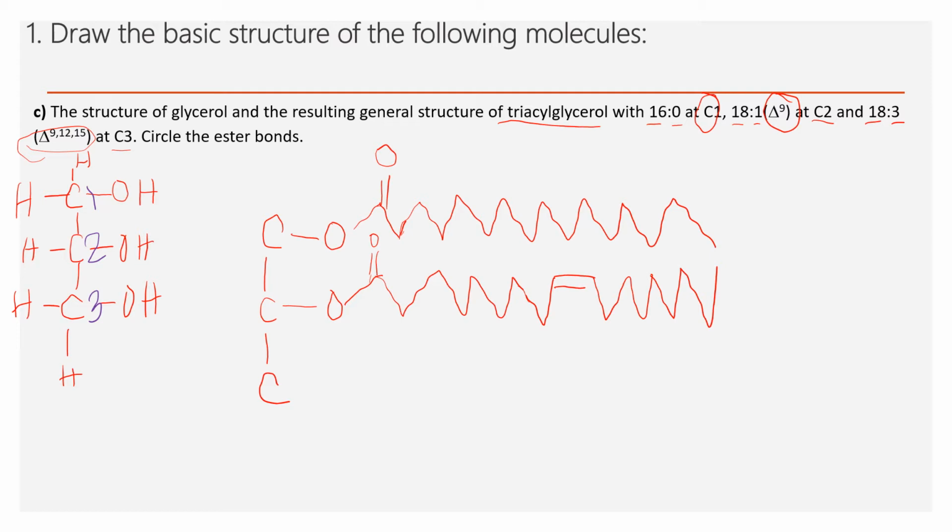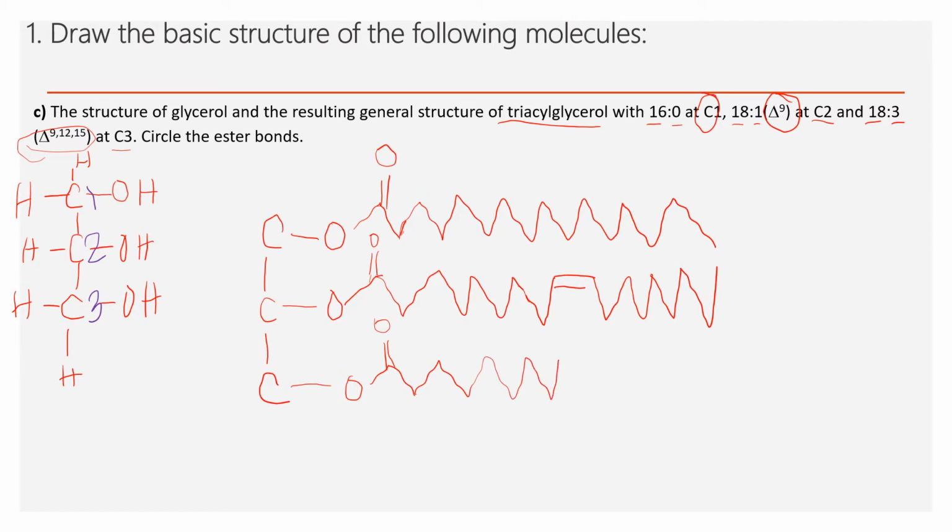The last one, at carbon 3, we have 18 carbons with 3 double bonds at locations 9, 12, and 15. So that's 1, 2, 3, 4, 5, 6, 7, 8, 9.